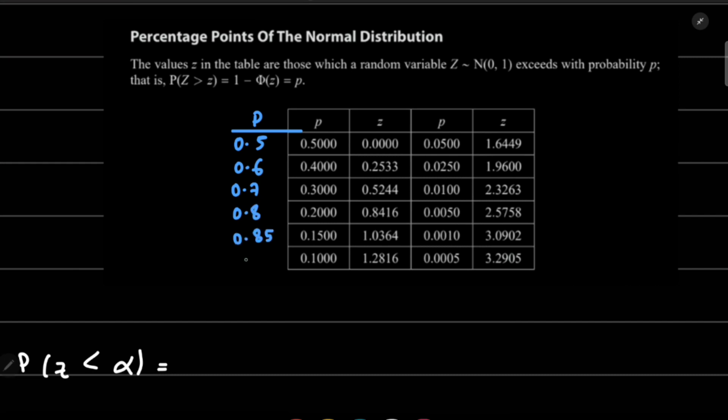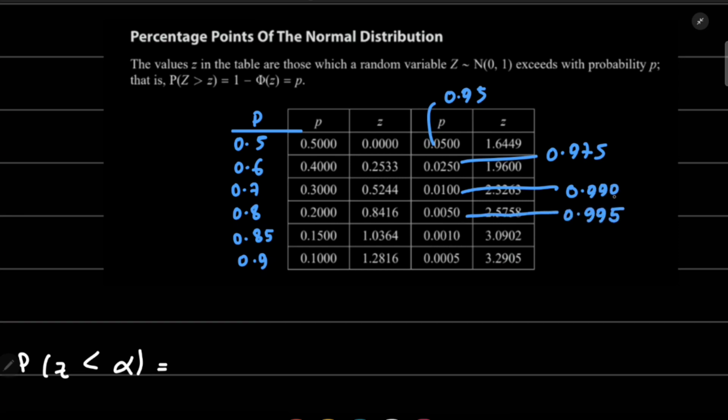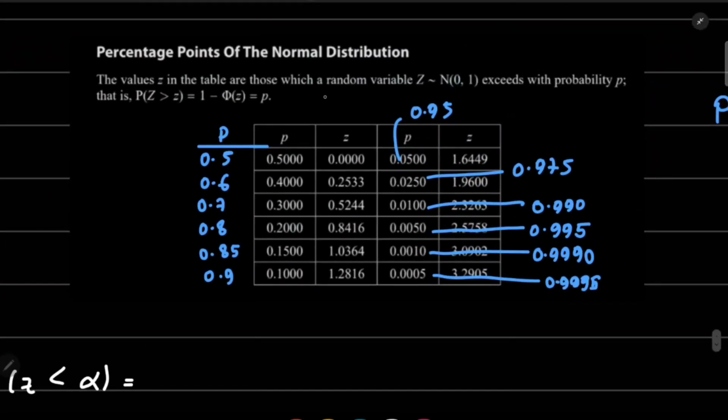0.85, 0.9, this is 0.95, 0.975, 0.990, 0.995, 0.9990, and at last we have 0.9995 for probability z less than alpha.